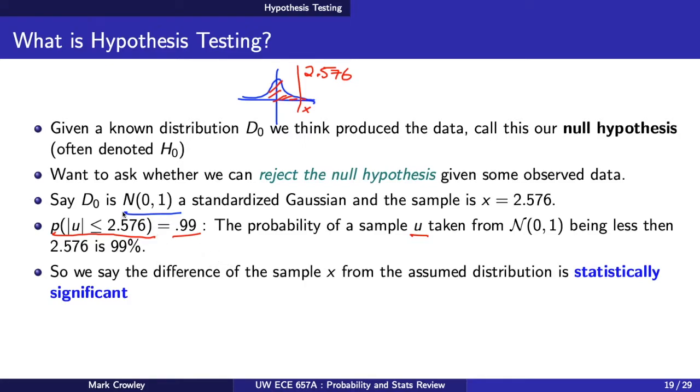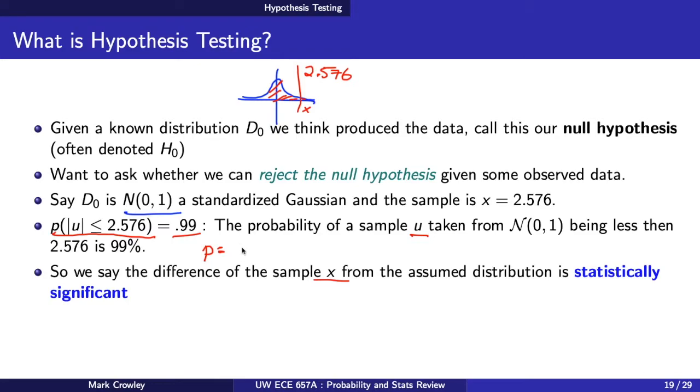And so if the thing you're pulling from generates samples like X, you might be able to say that this is not a very plausible hypothesis. In this case, we could say the difference between the sample X and the assumed distribution is statistically significant because we'll have another value here, which is P. They usually do the reverse of this.